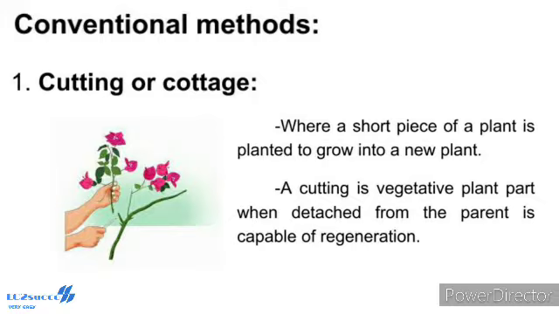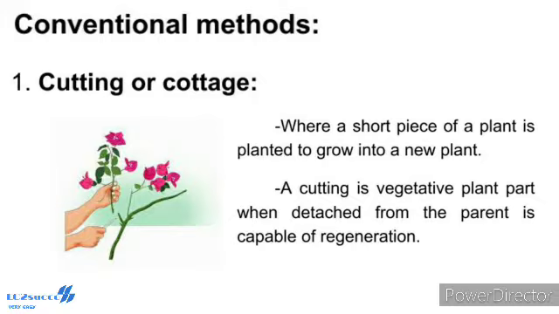The first method is cutting, or cuttage. Cutting is otherwise called the cuttage method. Cuttage is the vegetative propagation where a short piece of a plant is planted to grow into a new plant. It is also called cutting.